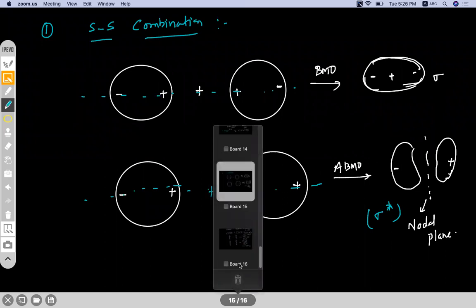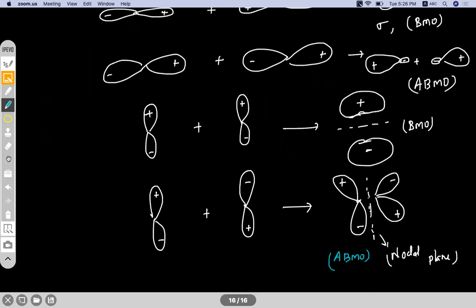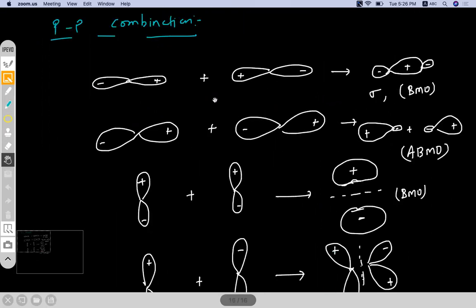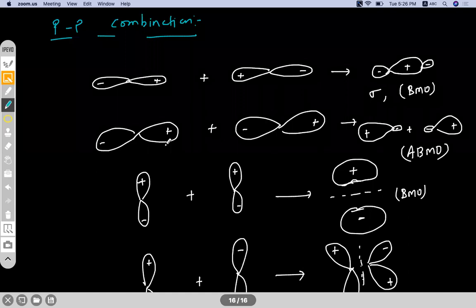Okay. Here also the similar thing here. This one is sigma BMO. This one is again along the internuclear axis. ABMO is sigma star. Right? This is pi because internuclear axis is this.